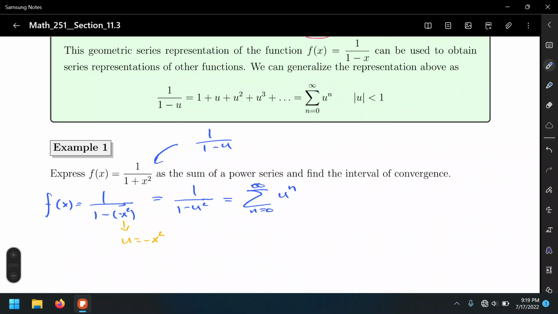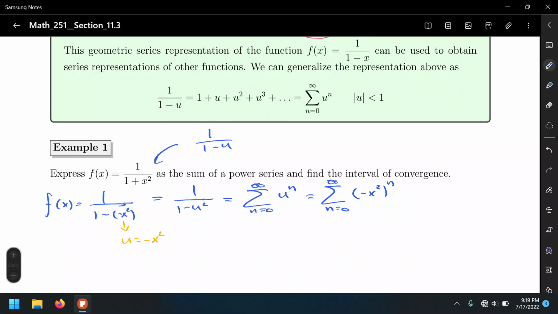Now that we are done writing the sigma series in geometric form, we may go back and substitute for u, which in this case is negative x squared to the n.